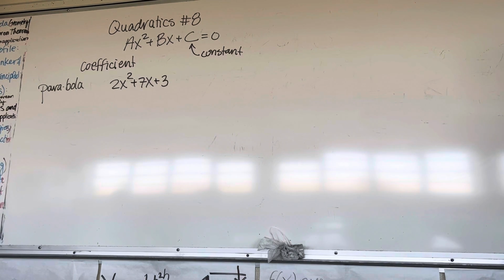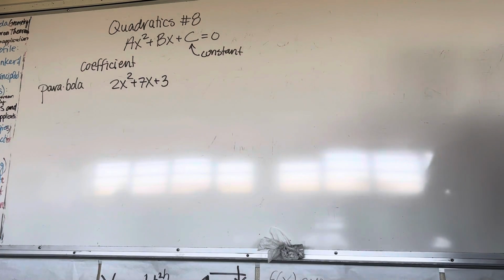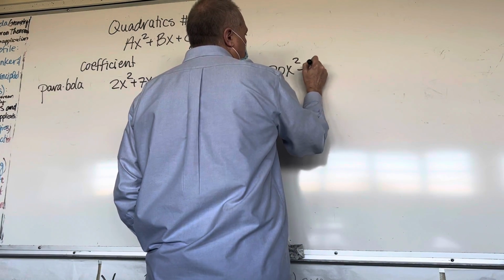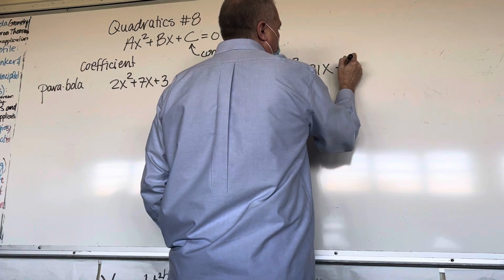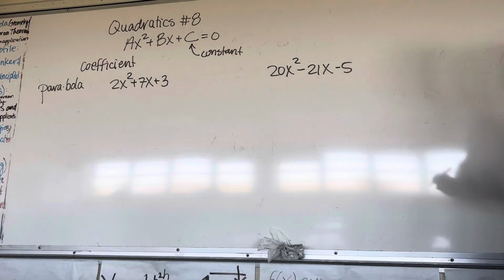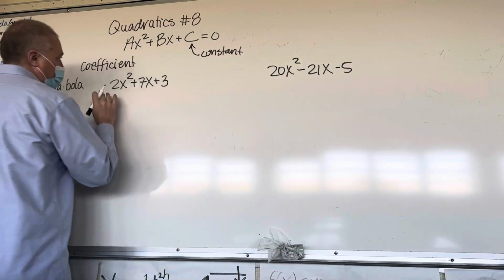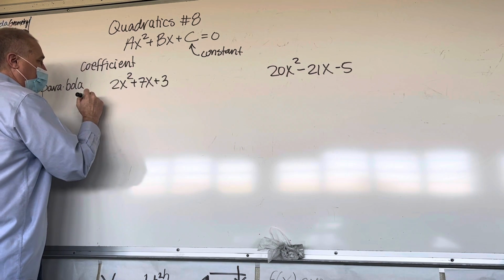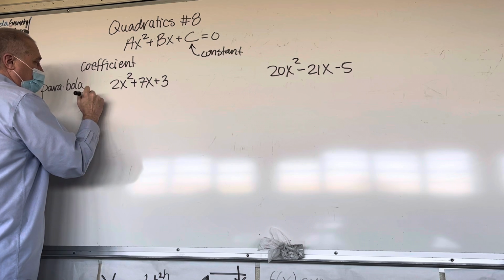And let's just do 2: 20x squared minus 21x minus 5. We're not going to focus on the factoring right now. We're going to go straight for the factor. So here's your trinomial. Why is it a trinomial? 1, 2, 3. We're going to factor it.